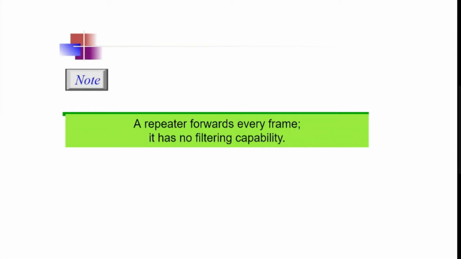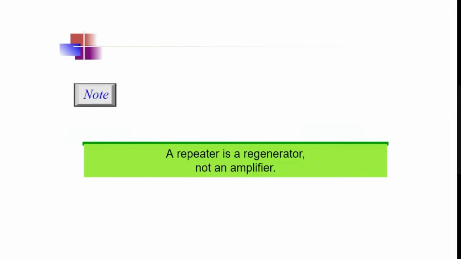That is a very important note. Here the repeater is a regenerator, not an amplifier. So it is a regeneration method. Now you can understand it's not an amplifier. So repeaters and amplifiers are not equal.